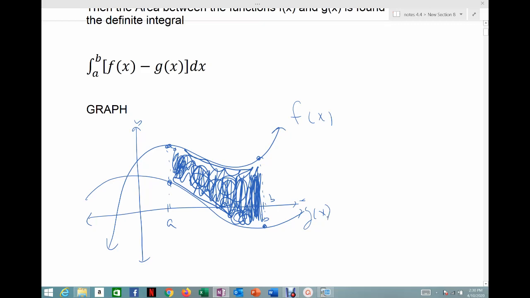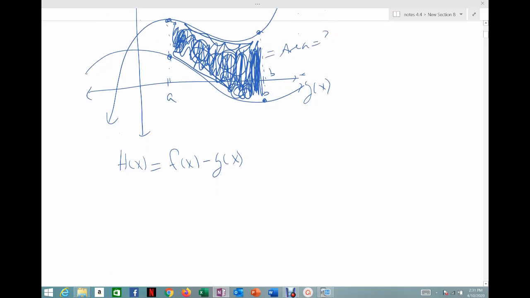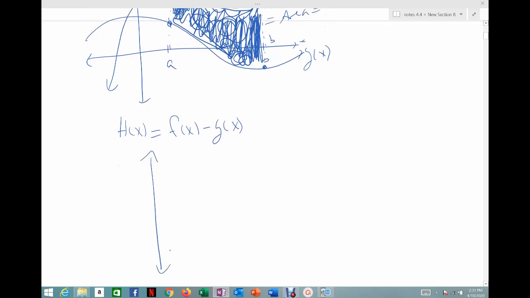I'm taking f of x minus g of x to find this area. Suppose I call it a new function, h of x, equal to f of x minus g of x. We take the bigger function, subtract away the little function, and that creates a new function.